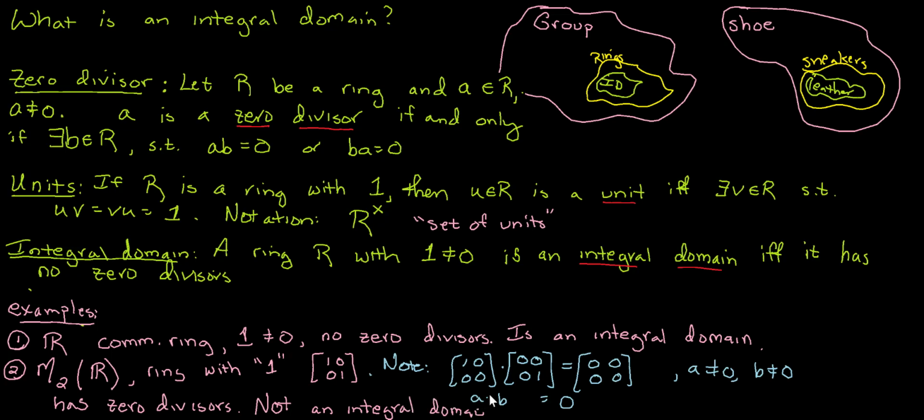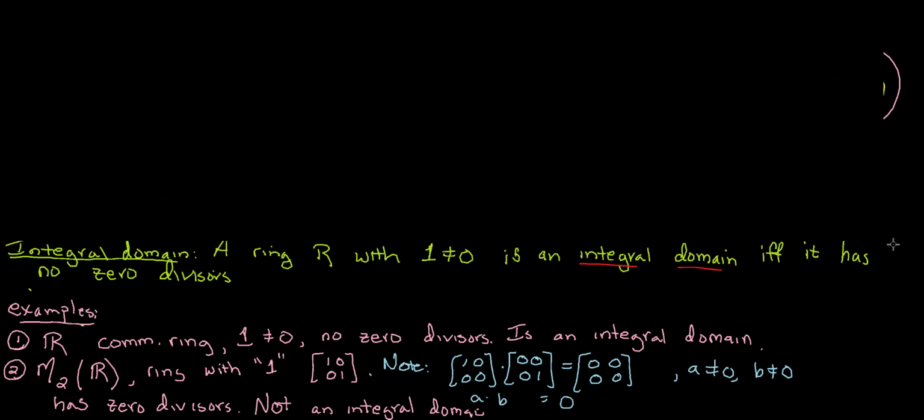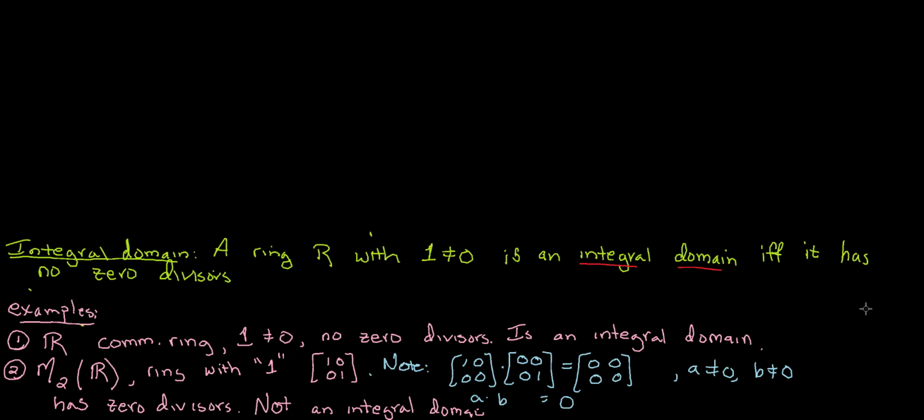Okay, and for my third example, I'll just make a little bit of space here up at the top. I'll leave my definition on the board, though, so we can refer to that.